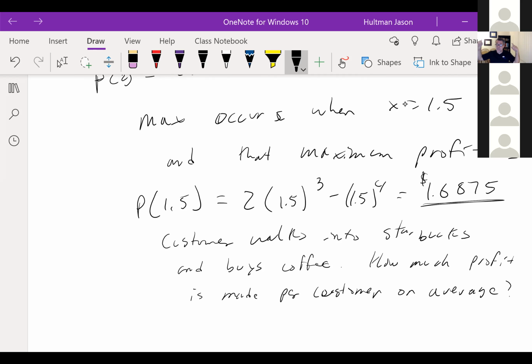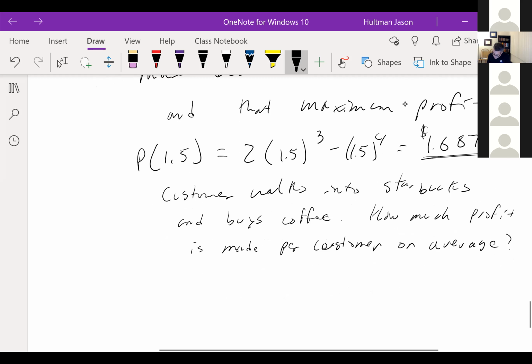And what's the maximum profit that Starbucks can make? Well, it's at 1.5 cups of coffee per person, and that's $1.69 per cup of coffee. That's their profit. They're walking away with $1.69, or per 1.5 cups of coffee purchased, I should say. It's their profit per purchase. How much profit is made per customer?